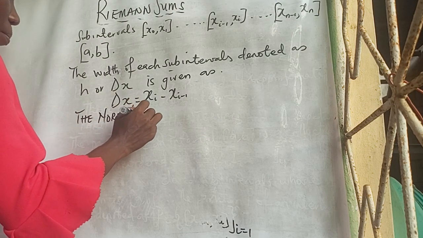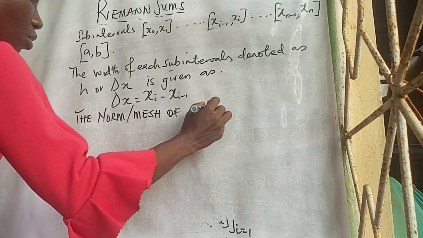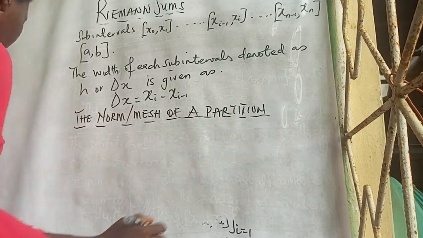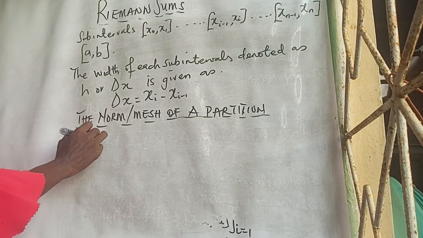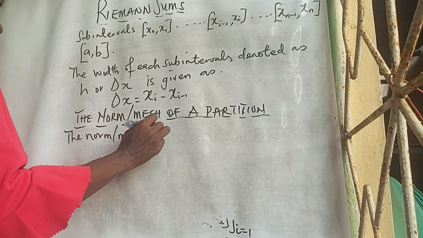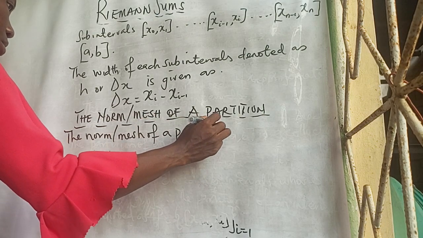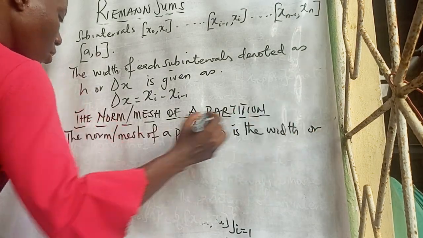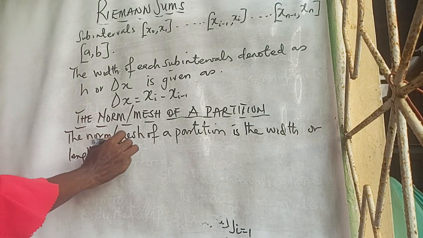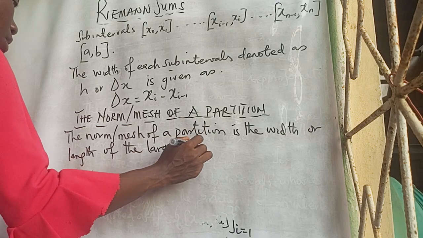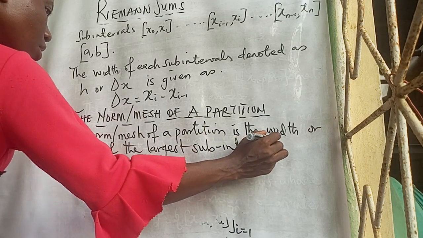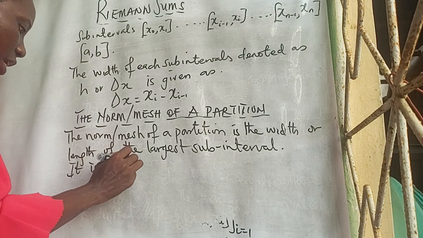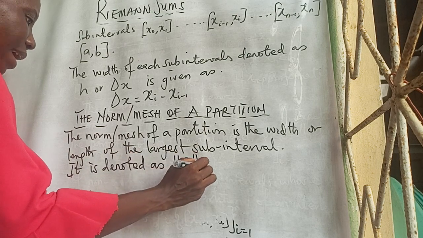The norm or mesh of a partition is the width or the length of the largest subinterval. It is denoted as that.